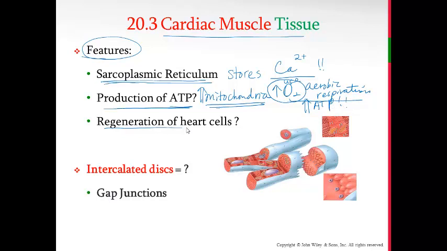Now, regeneration of heart cells. Right now, or before, we hardly readily see regeneration of heart cells. It's because sometimes the stem cells are not very activated, and they also don't undergo mitosis. But there have been studies where you have a male patient and you receive a heart from a female donor.